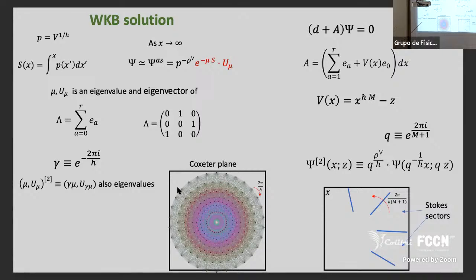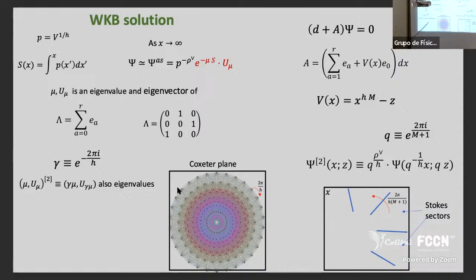If mu and u mu solve this eigenvalue problem, then a kind of semantic rotation, namely multiplication of mu by a factor gamma, which is an h-th root of unity, and taking the corresponding eigenvector, also solves the eigensystem.